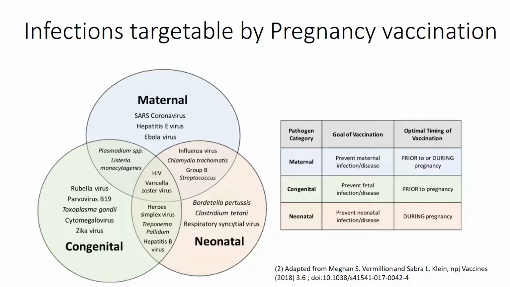Some viruses can also target both the future newborn and the mother, like influenza. In this case, vaccination, both prior to and during pregnancy, will be applicable. We will not go directly into the detail of all those infections, but we will try to understand together how pregnancy can influence the immune response of the mother and the child, and why this is a great opportunity.